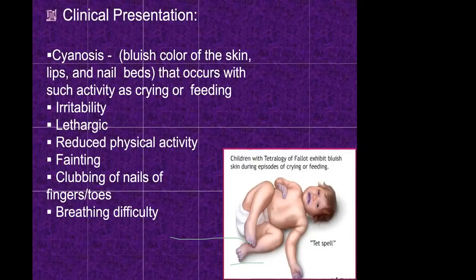And due to the overriding of the aorta, the aorta tends to sit above both the left and the right ventricle over the VSD rather than just over the left ventricle. So as a result, the oxygen-poor blood from the RV can flow directly into the aorta rather than going into the pulmonary artery to the lungs. Due to this there will be decreased pulmonary blood flow and poorly oxygenated blood, which tends to cause cyanosis.